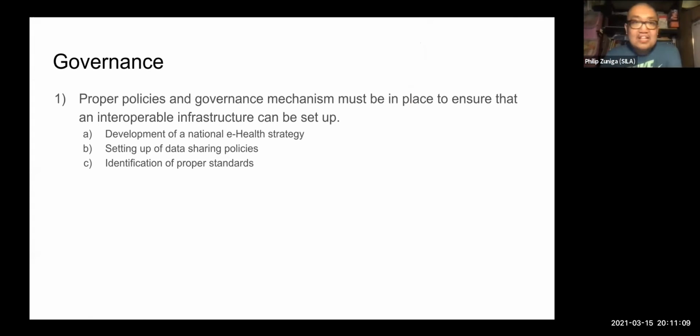Number two, there should be data sharing policies. Number three, there should be an identification of proper digital health standards. So those things are done at the governance level. The government should lead the crafting of policies that will enable us to have interoperability.